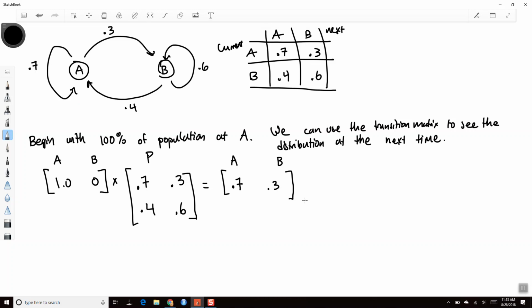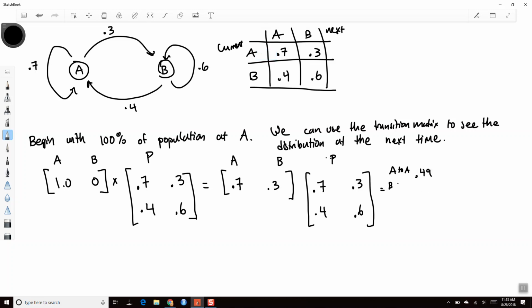And then we can see, all right, well, what would happen at the next phase? Okay, so at time t equals 2, I can do this. And what will we have? So A to A will be 0.7 times 0.7 is 0.49.